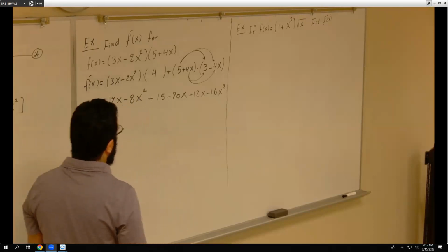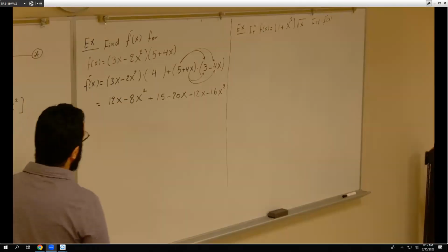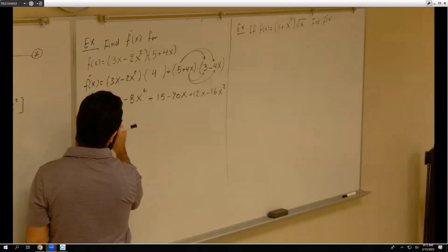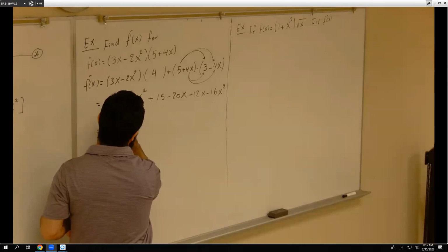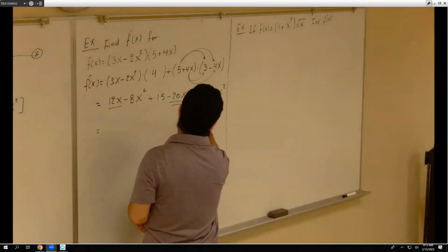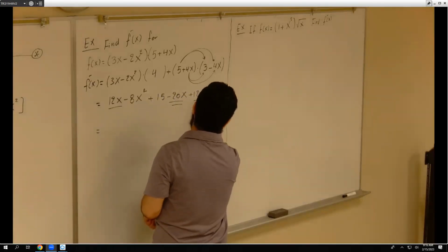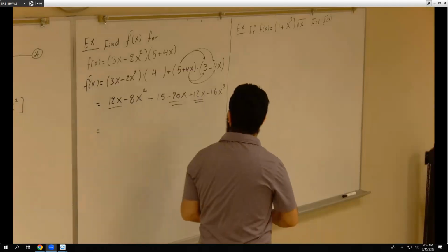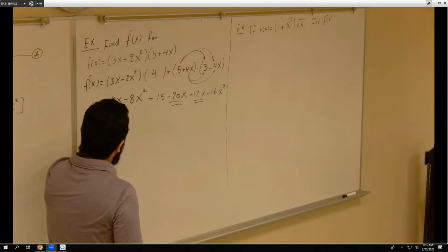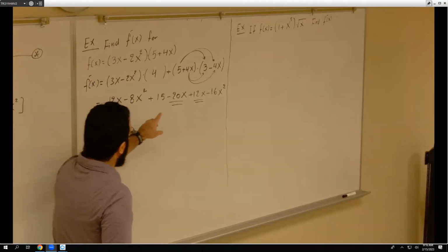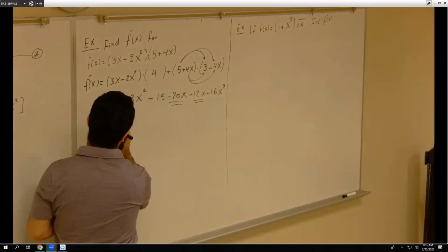Now, next step, I have to combine the like terms. 12x plus 12x is 24x. 24 minus 20, so here is 4x.